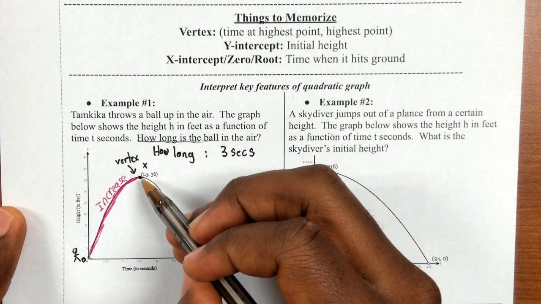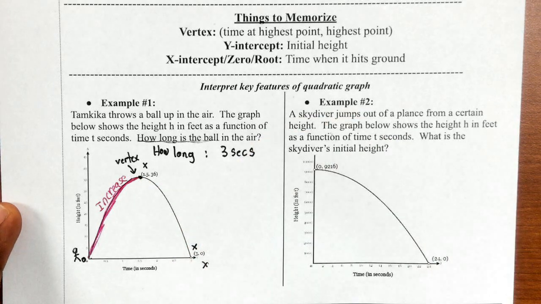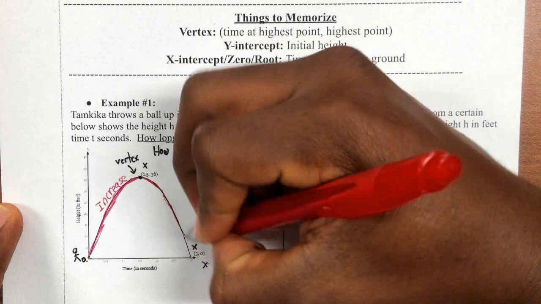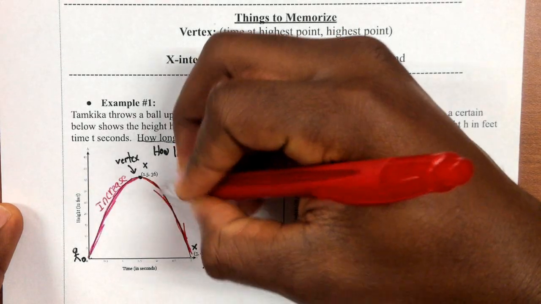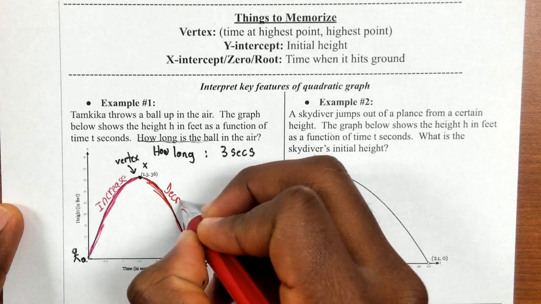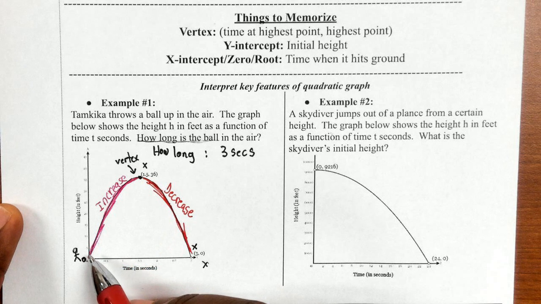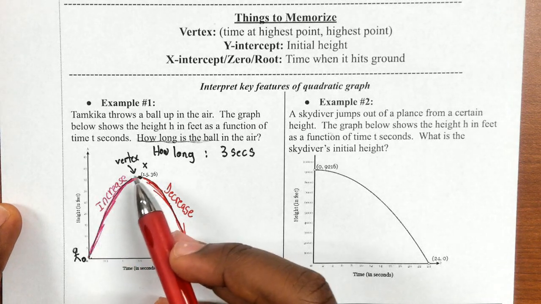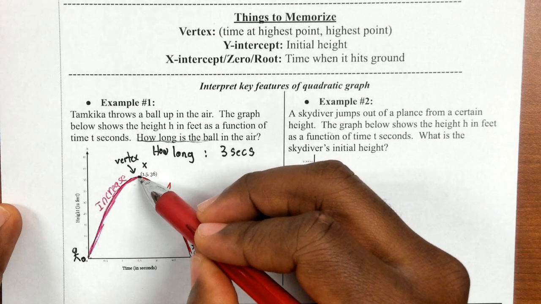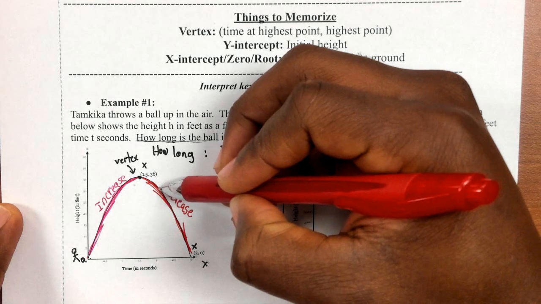Then we got to the vertex, which is where all points meet. And then on the right side, we started to go down, so we're decreasing. On this left side, she kicked the ball and it was increasing in the air until we got to the vertex, and then it started to decrease.